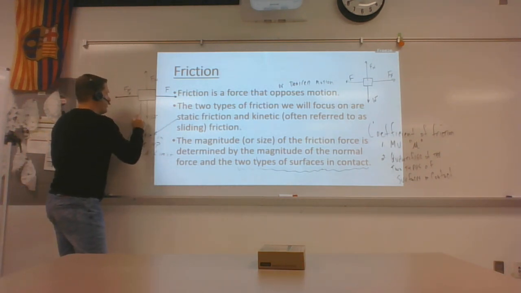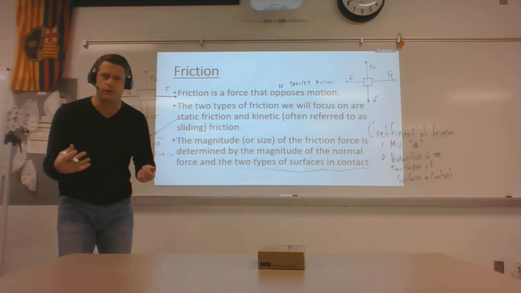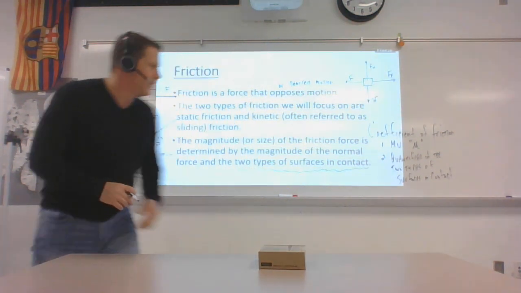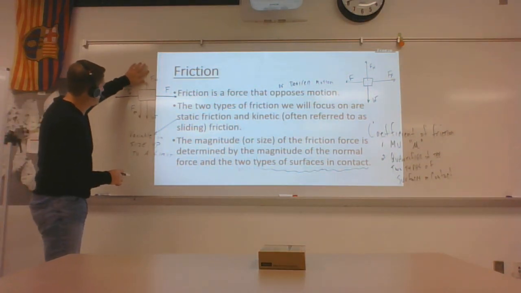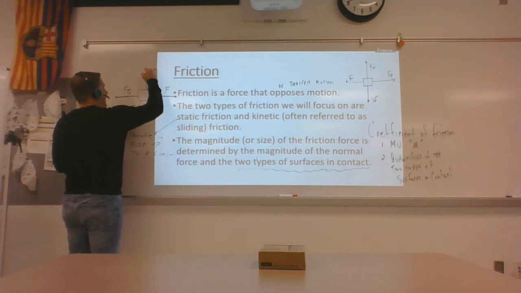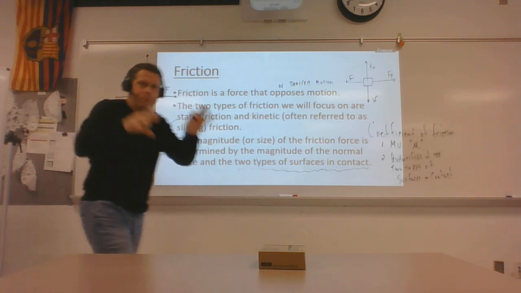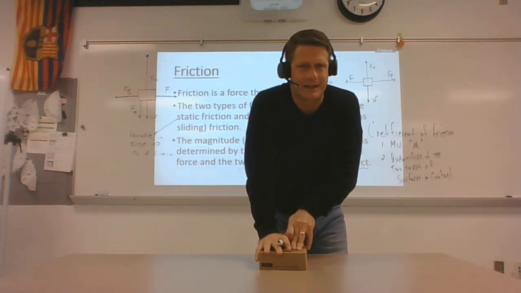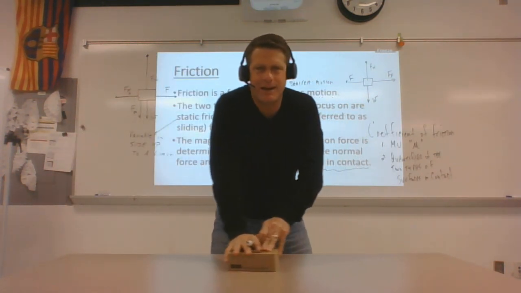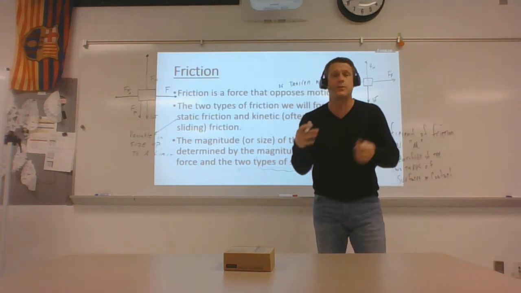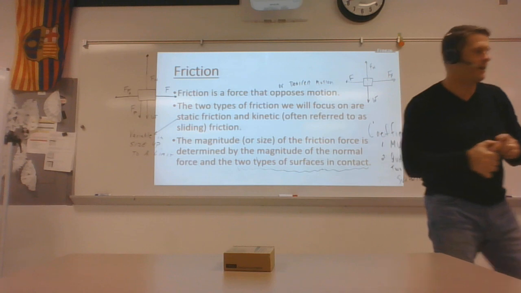I'm going to call this F sub P. That's the force of me pushing downwards. Well, if I'm pushing downwards, then what has to happen to this normal force? This normal force has to get bigger. The weight hasn't changed, but I'm pushing down on the box. That would cause the table and the box to stick together more. That would mean there's more friction between the table and the box.